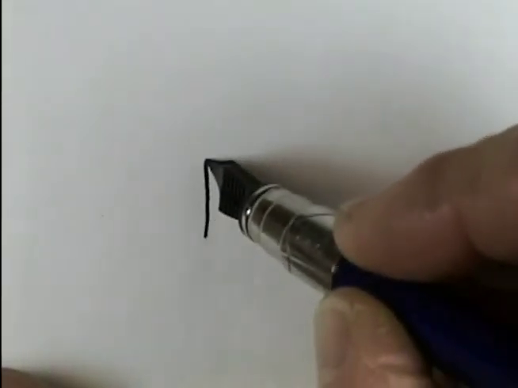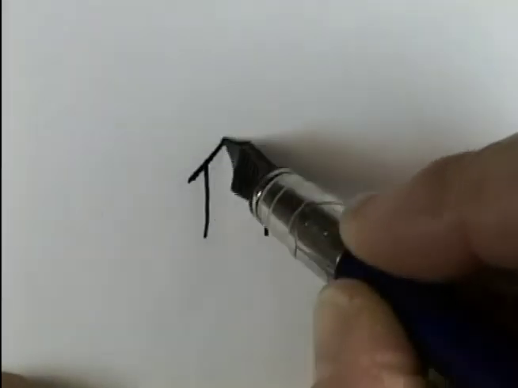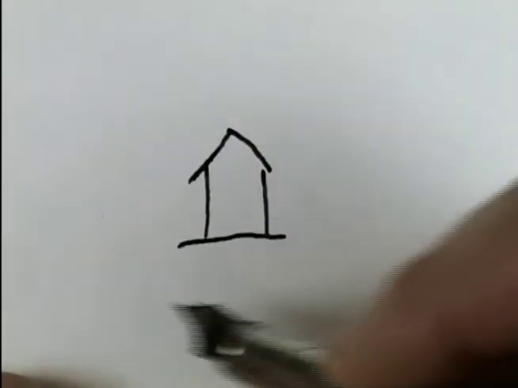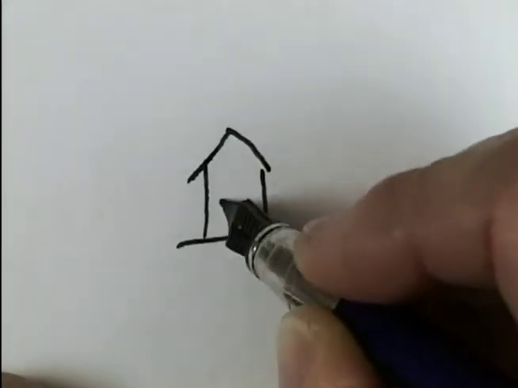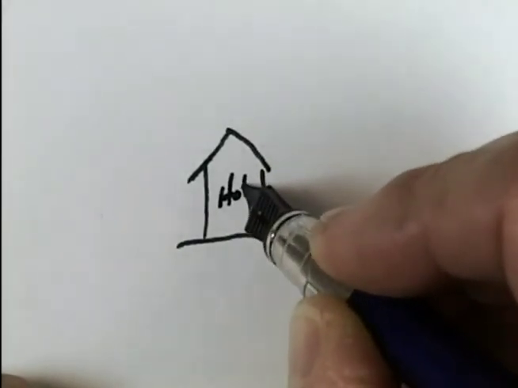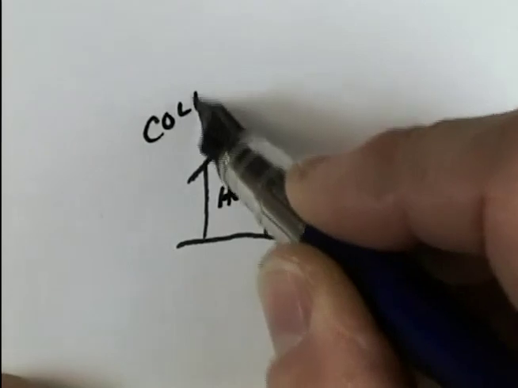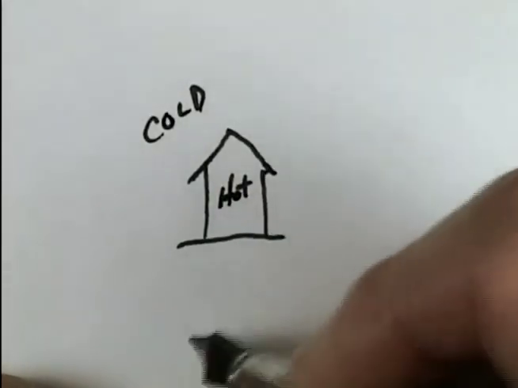But in our houses, like right now, it's cold and there's snow. And so right now, our houses, we hope, are hot, and out here is cold. And so that's in the winter.